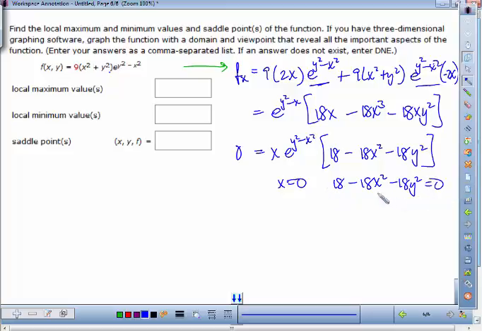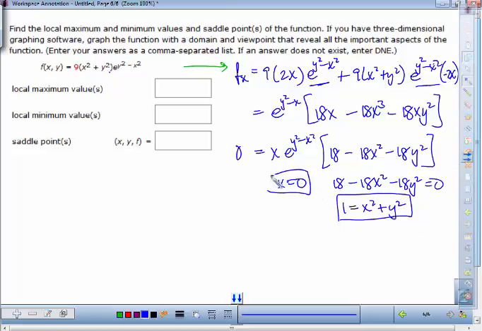Now, if I bring the x squared and y squared to the other side and divide everything by 18, I'm going to get a unit circle that I'm going to write like this. And then I'll decide later on whether I'm going to want to deal with this symbolically, analytically, or graphically.